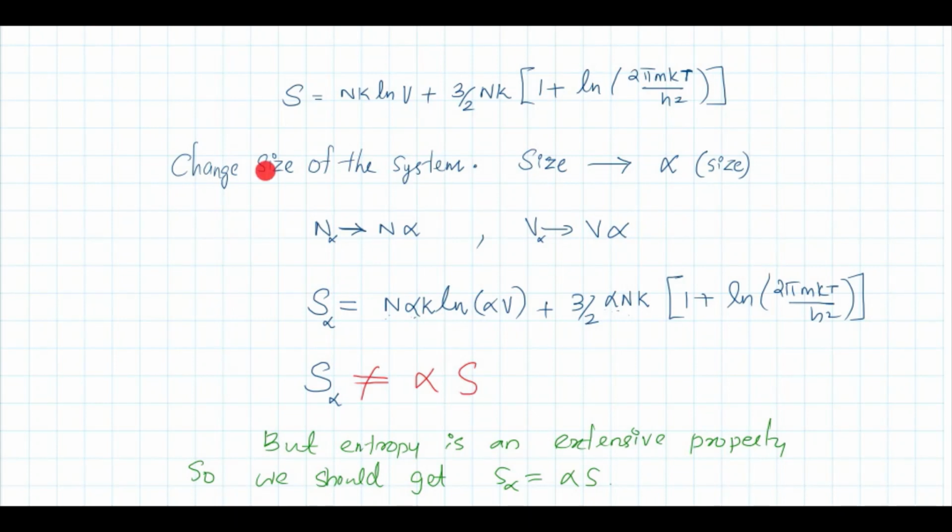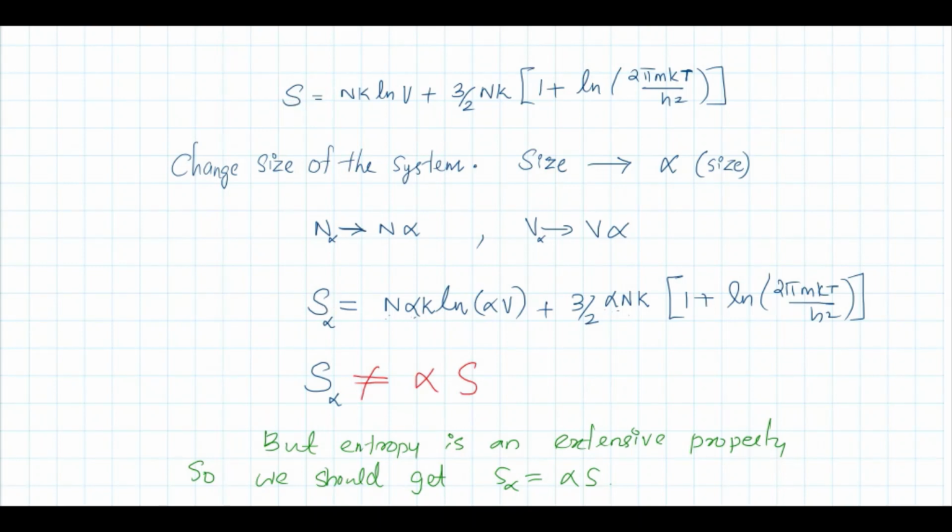If you increase the size of the system by a factor alpha, the new size of the system is alpha times the size of the old system. Then what happens to the number of particles? The number of particles will increase by a factor alpha. Volume will also increase by a factor of alpha. Then what happens to the entropy of the new system?